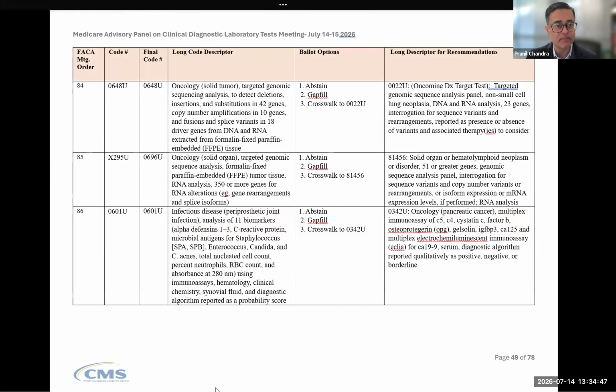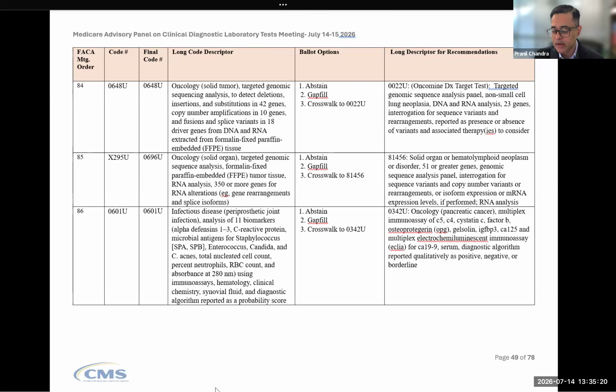That's correct. Thank you, Megan. So I had this code. It is an RNA sequencing-based code that entails an analysis of more than 300 genes to look at a variety of RNA-based alterations. There was a very nice presentation by the sponsor and a great outline and a rationale for crosswalk to CPT code 81456, which is, as you all know, the greater than 50 gene CPT code for RNA analysis.